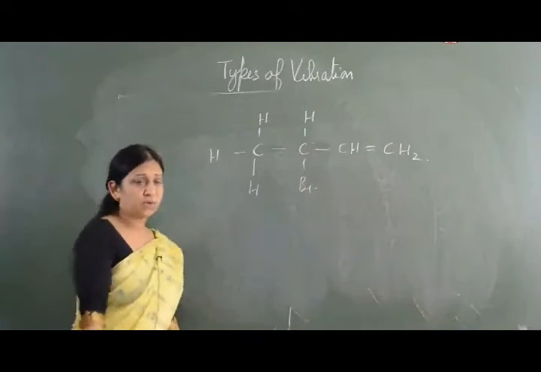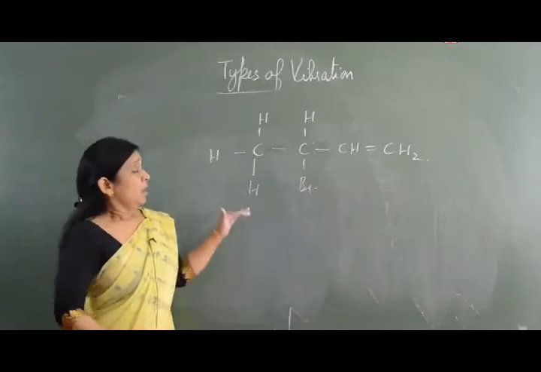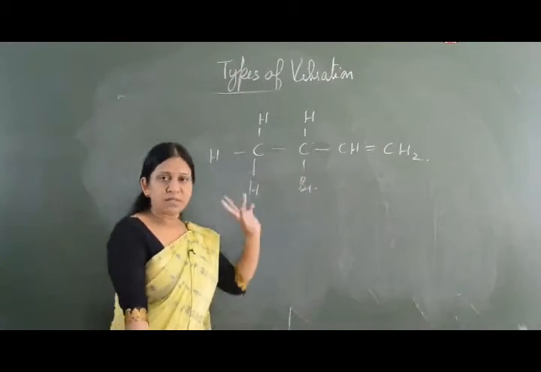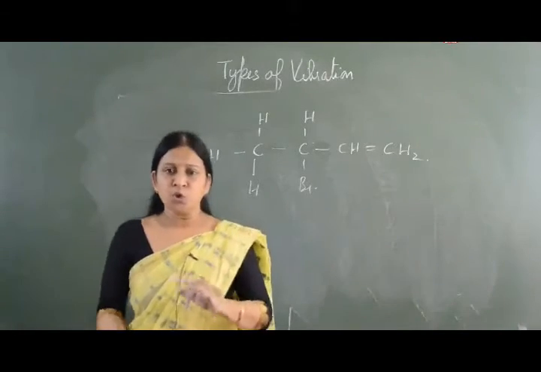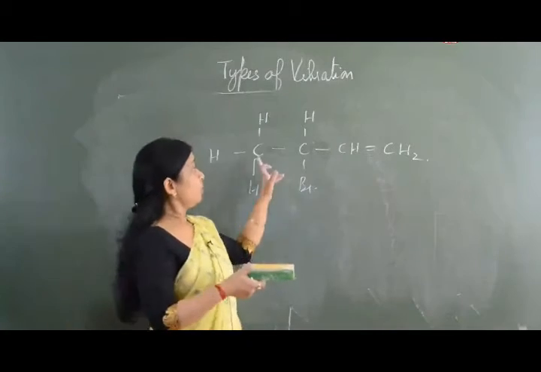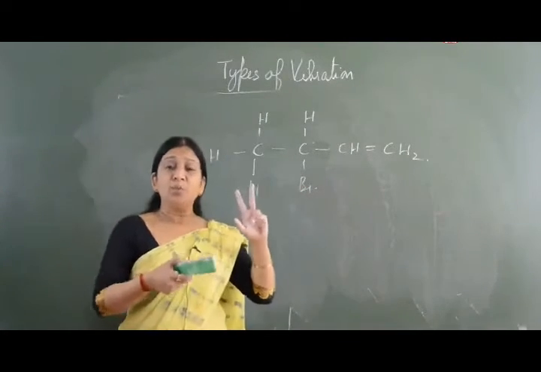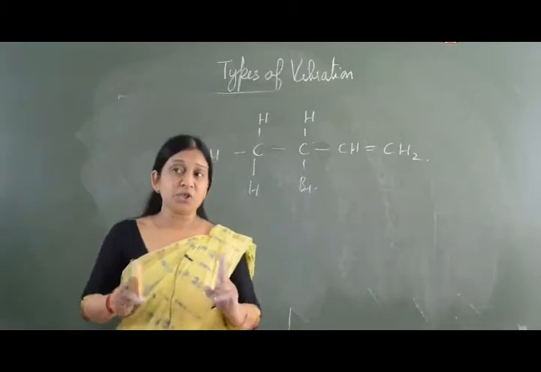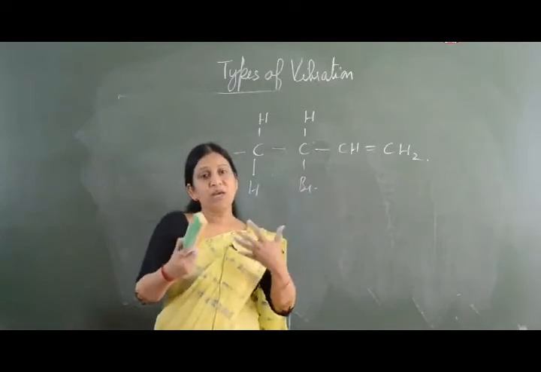Suppose this molecule is there. Now here, if I consider the carbon-carbon bond, it is a single bond, and it is going to show absorption at a particular frequency. Then I have to consider whether this bond is stretching or bending. If it is stretching, then whether it is symmetric or asymmetric.